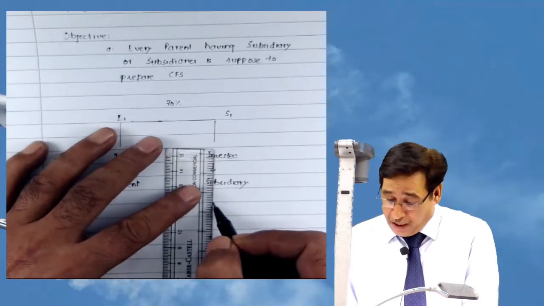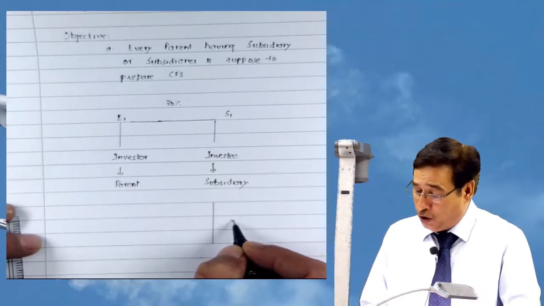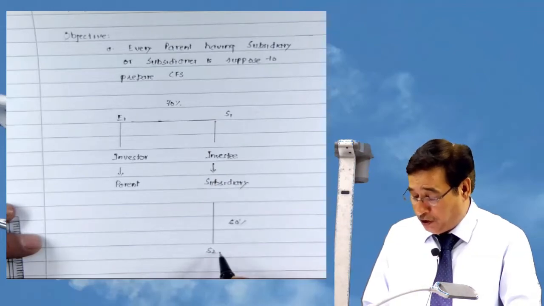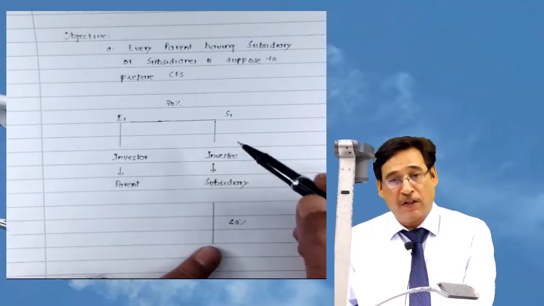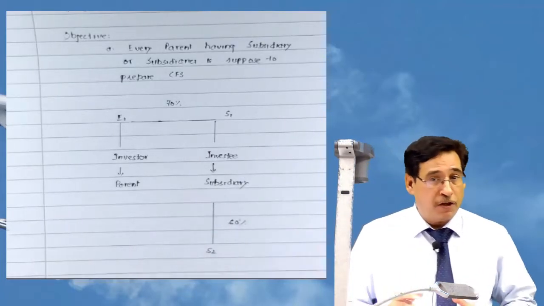Now we presume that S1 has invested, let us say, 60% in S2. There is another company in the market. Out of its total share capital, 60% is in the hands of S1. Again, 60% happens to be quite a big stake.